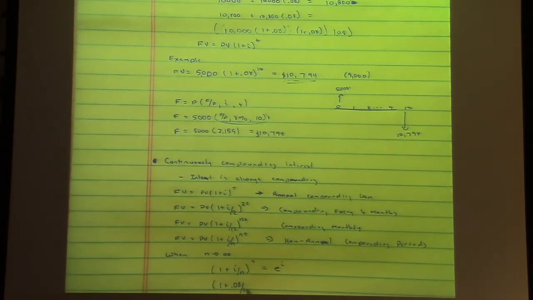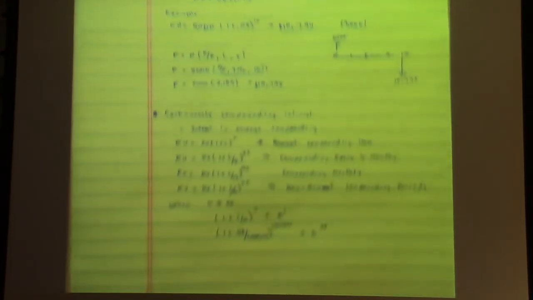So we'll divide this by 1,000,000, raised to the 1,000,000th power. When you punch that into the calculator, it's going to be essentially the same as taking e to the 0.08. You can try this just to confirm it.